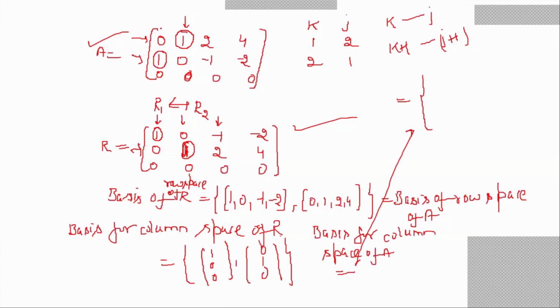Similarly, in A, the first column and second column will be the basis for the column space of the A matrix. So the first column is 0, 1, 0, and the second column is 1, 0, 0. So these are the basis, the corresponding column vectors of A. Is it clear? Did you understand?